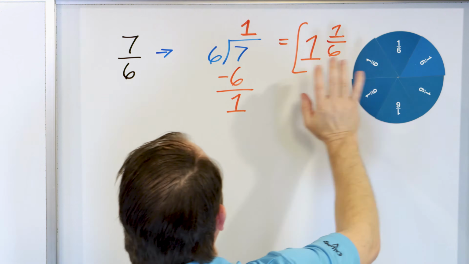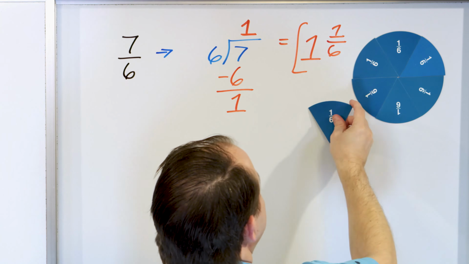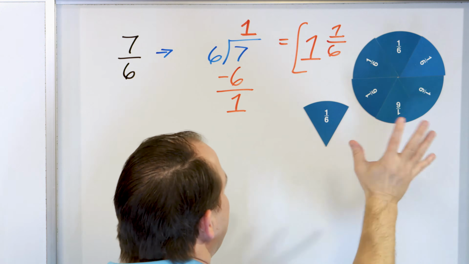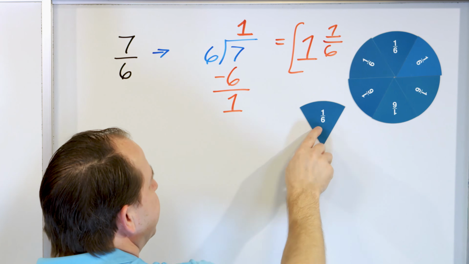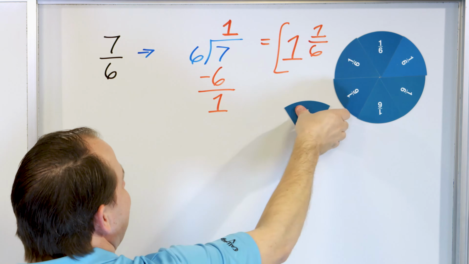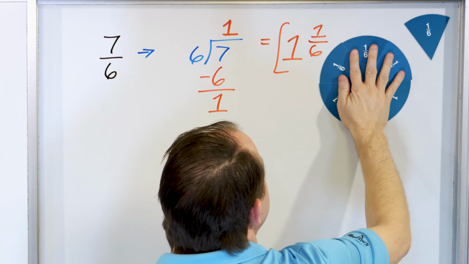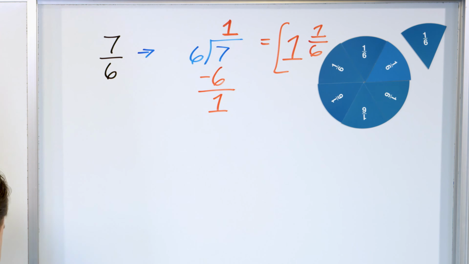Of course, we have more than that. We have 7/6, which means we have this left over. So altogether, we have 1 whole pizza plus 1/6 of another pizza, 1 and 1/6, and that's why that works out. So I'll just move this over here and stick it over there, and we just keep it there. All right, so once you get the hang of this, it's actually not very hard.